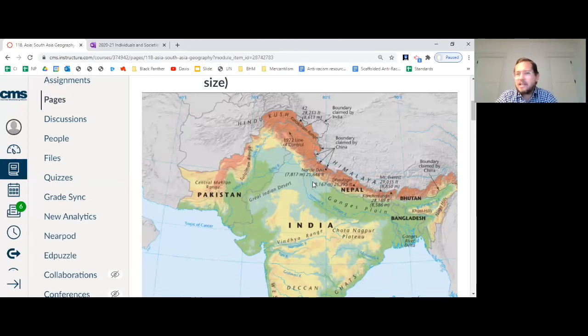But you're going to see a distinct difference culturally over here in China and over here in India, because you have this extreme divide, the Himalayas. And obviously travel is much easier now than it was a long time ago, but that's why you have maybe less sharing of culture at this time.